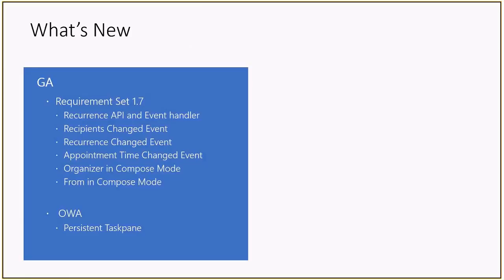All right, in terms of what's new for Outlook, a lot of our partners were asking for meeting and appointment-related APIs to make existing add-in scenarios that work on meetings better. So we announced the general availability of requirement set 1.7 at Ignite, on September 22nd. As part of that requirement set, we have the recurrence API and event handlers available.